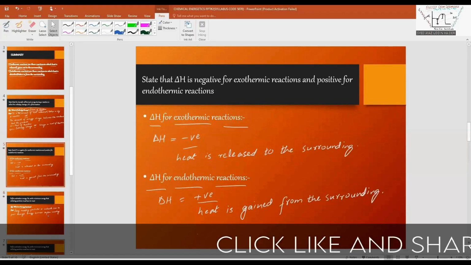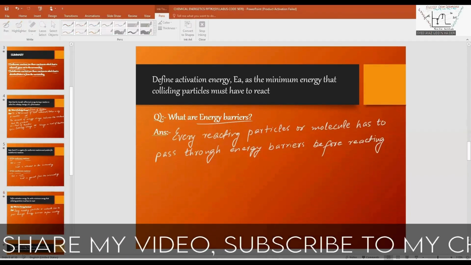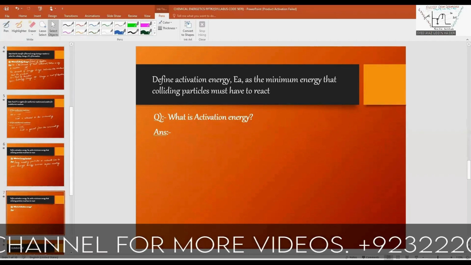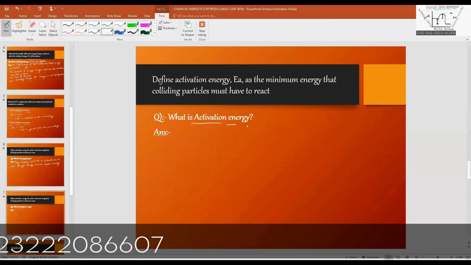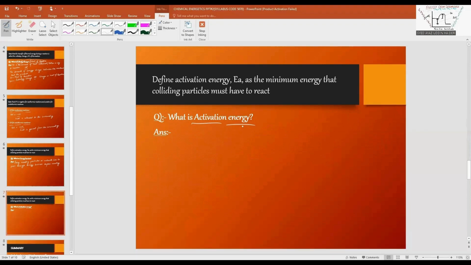What is activation energy? Activation energy is the minimum amount of energy needed to activate the reactant particles before any reaction to occur.